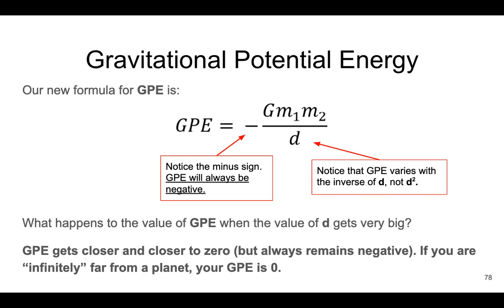So GPE is going to get closer and closer to 0, and it's always going to remain negative. If you are infinitely, in scare quotes, infinitely far away from a planet, your GPE is 0. So why is that in scare quotes? Well, you can't actually be infinitely far away from anything, but you can be so far away from a thing that you might as well call it infinity. It makes the math easier to do, so you call it infinity, and you get an answer of 0.